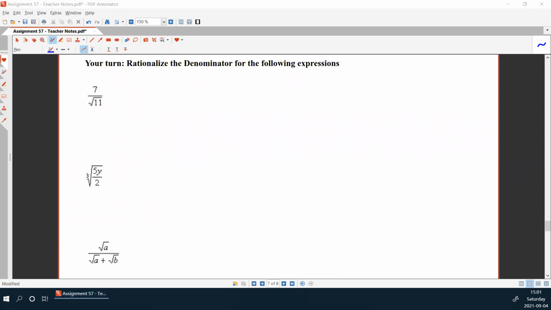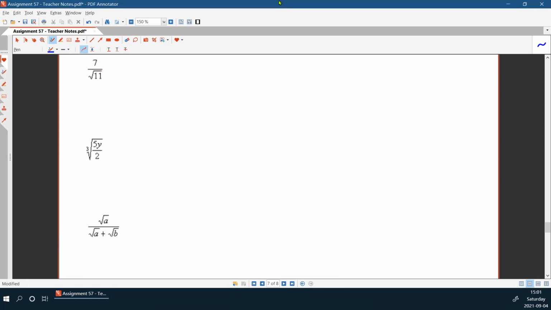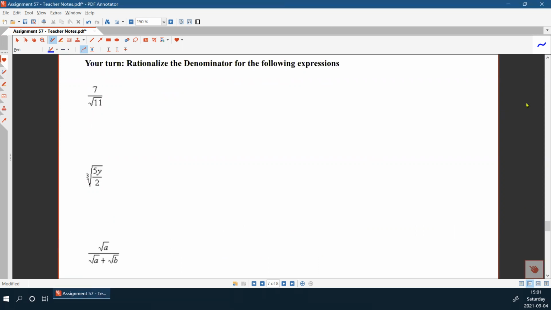First, we have a square root of 11 in the denominator, right? So by multiplying the same number here, we can rationalize the square root of 11, right? And remember to multiply the same number onto the numerator.